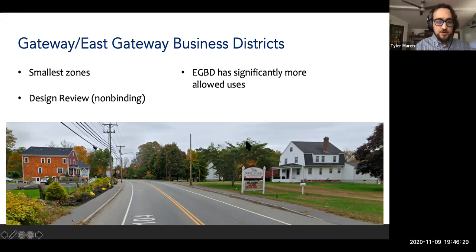And this is a good example. This is in the, not the east, but the regular Gateway Business District. That seems to be what it's going for. So in order to accomplish that, there's a really detailed set of design guidelines, and anyone building in that area who needs a special permit is going to trigger a design review, where the design review committee delivers a report, basically.